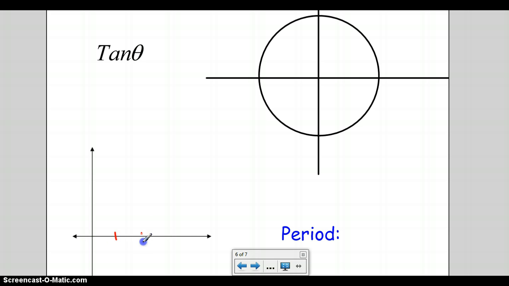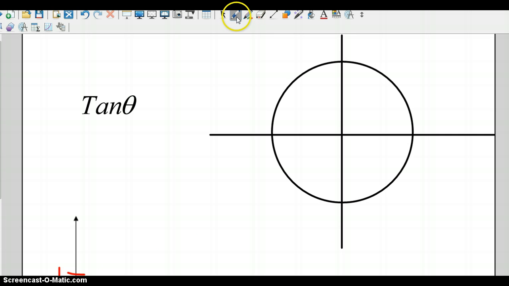We can do our pi over 2, our pi, 3 pi over 2, and 2 pi. And also make sure that you have your -1 and your +1. Let's try to make that look a little better. There we go.